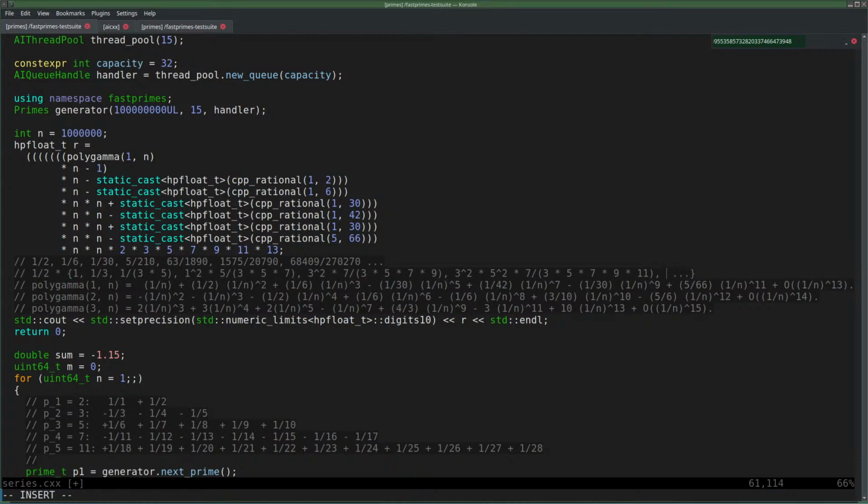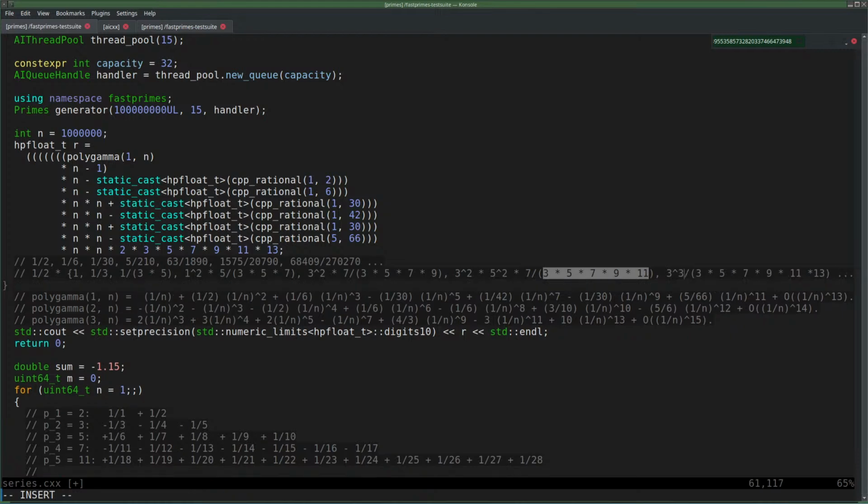So the next one here is something divided by that times 13. And then here we have 3 squared times 7601.